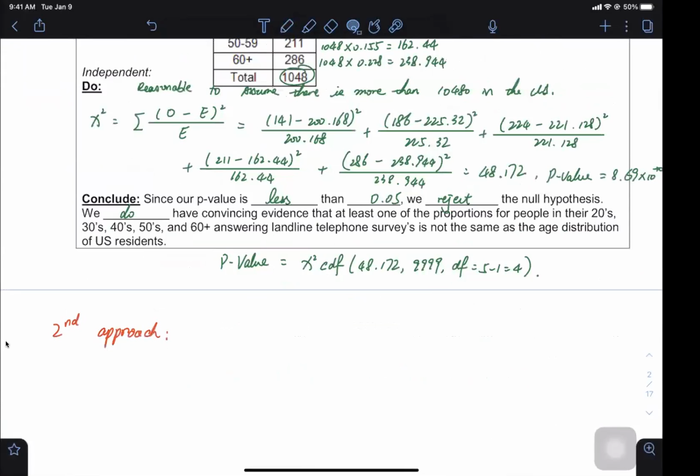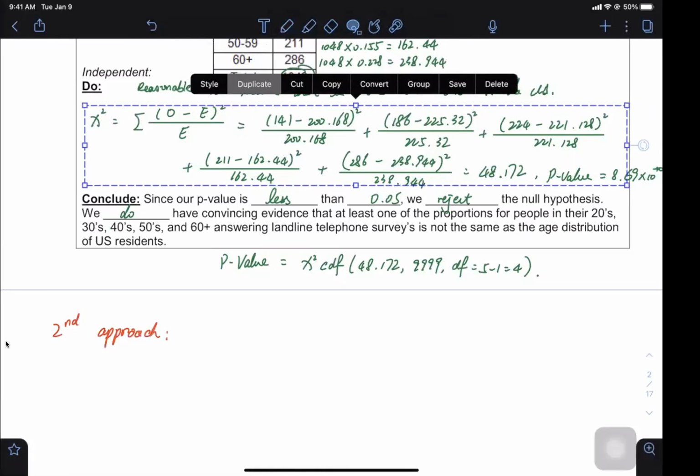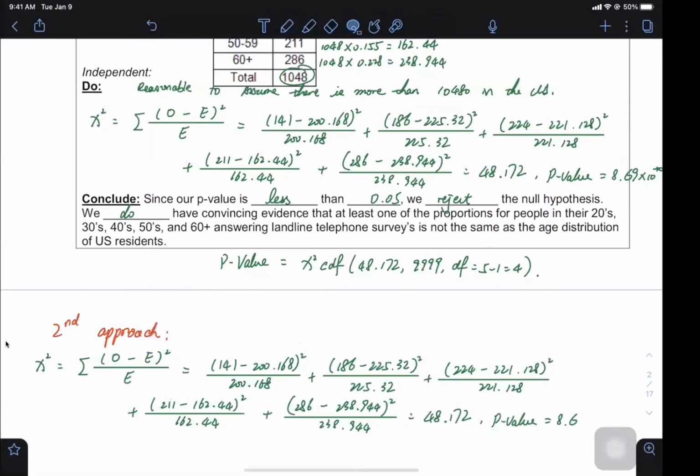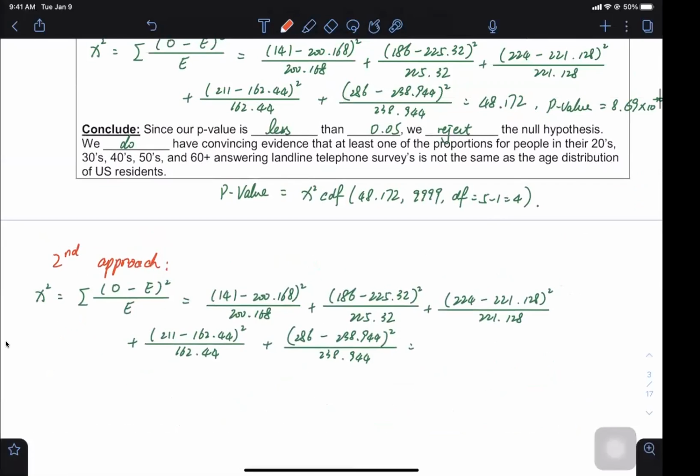If you don't have a calculator, then you need to input those gigantic equations by yourself and calculate the values, which is 48.172. So you need to enter it into your calculator one by one.